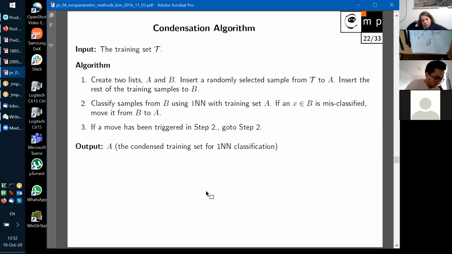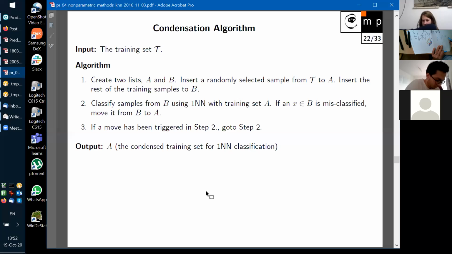So by definition of the stopping criterion, the final set, we had a T before, and now we have T prime, which is some subset of T. So we'll say that T is T prime union the removed points.